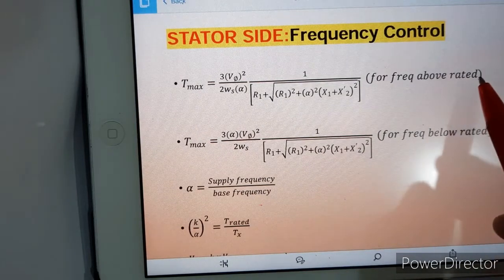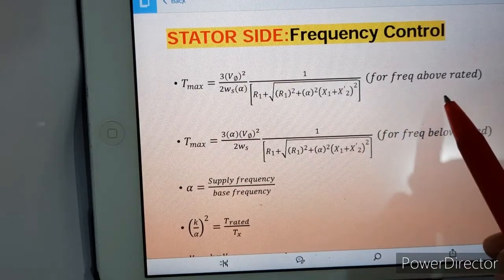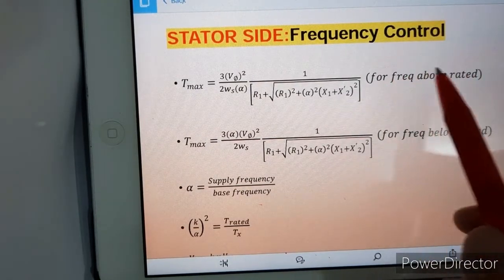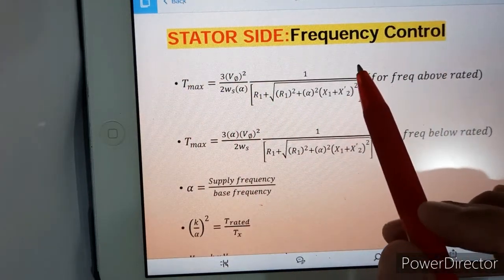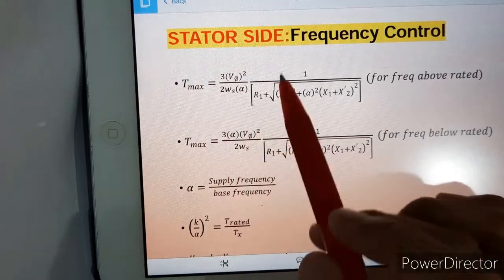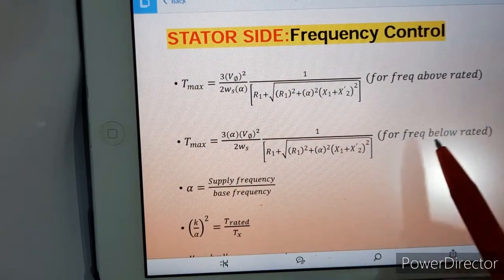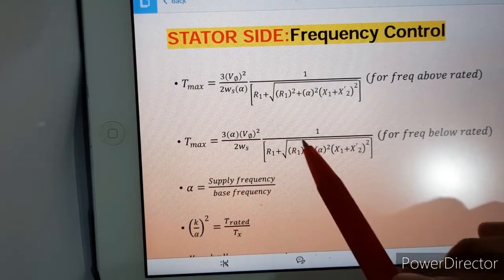Usually our rated frequency is 50 Hz. When the frequency is above rated, for example 100 Hz, the equation for maximum torque is this one. And for frequency below rated, the equation for T max is this one.